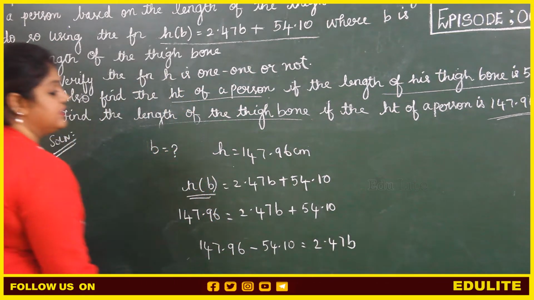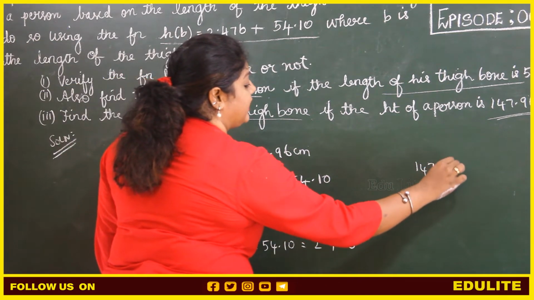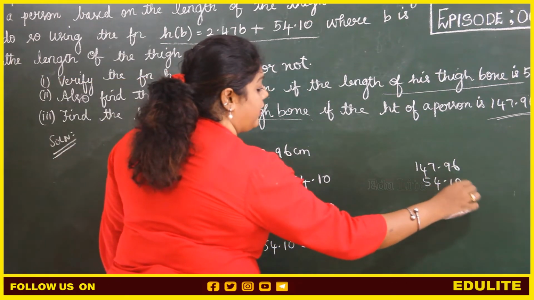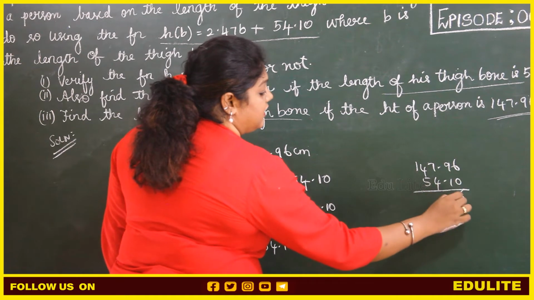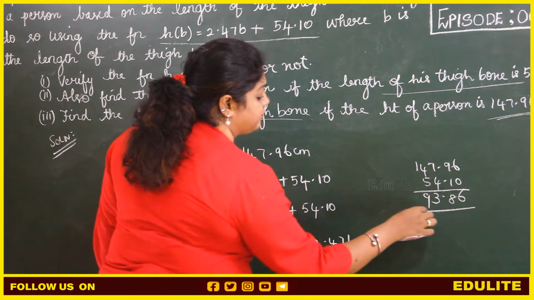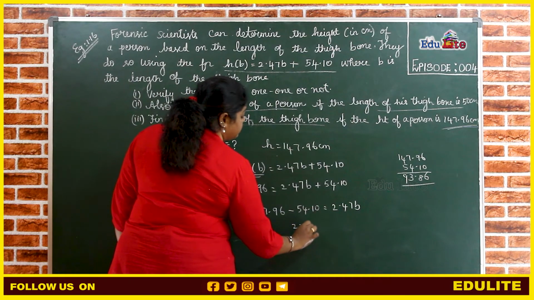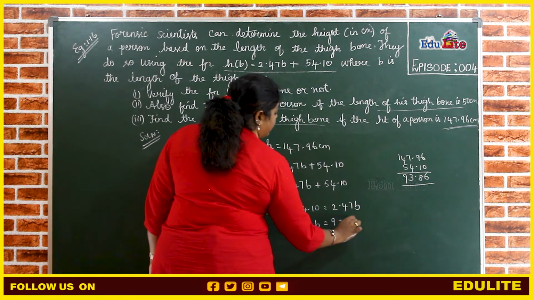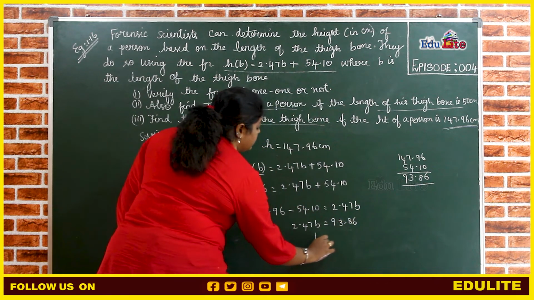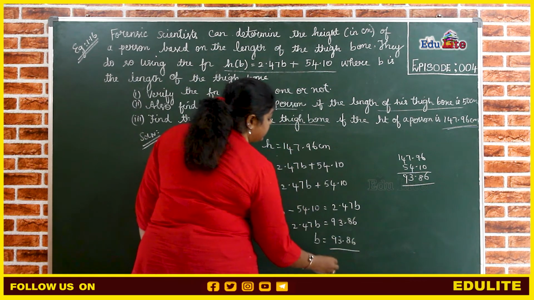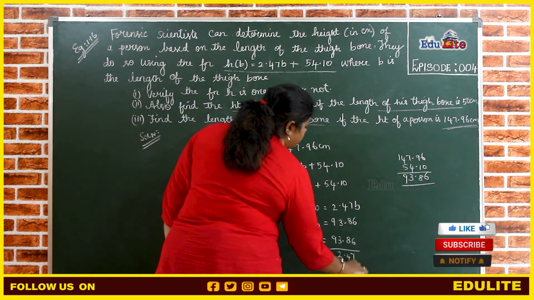So, we will simplify this. 147.96 can be subtracted by 54.10. 6, 8, 3, 9. So 2.47b equals 93.86 and b equals 93.86 over 2.47.